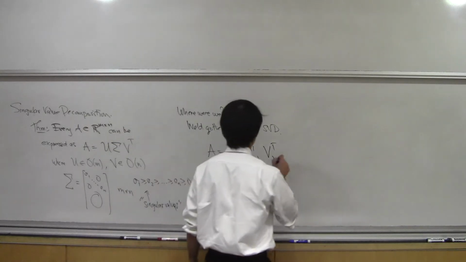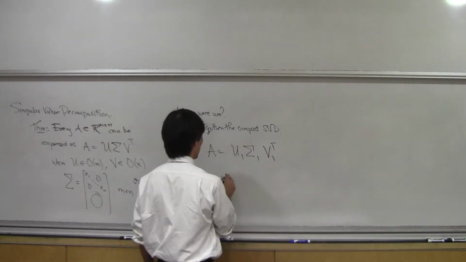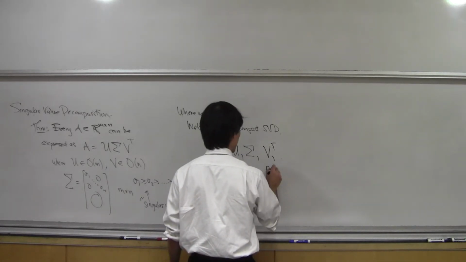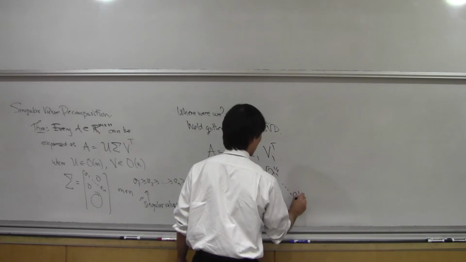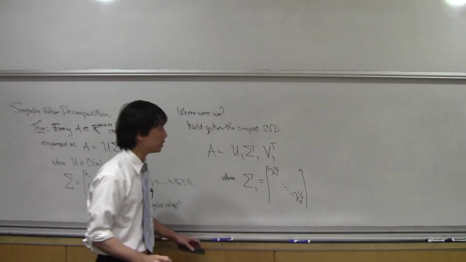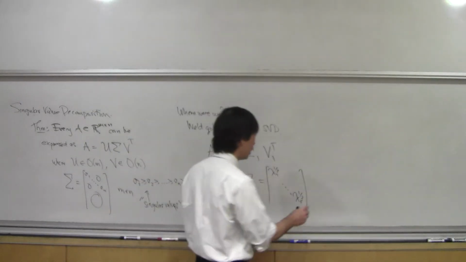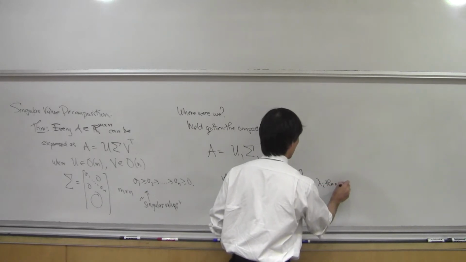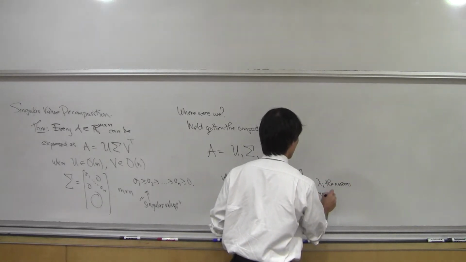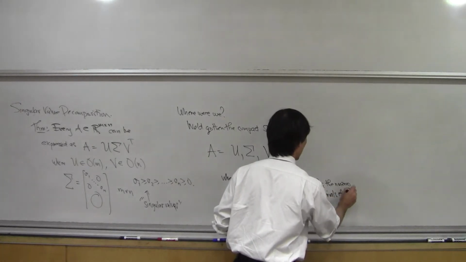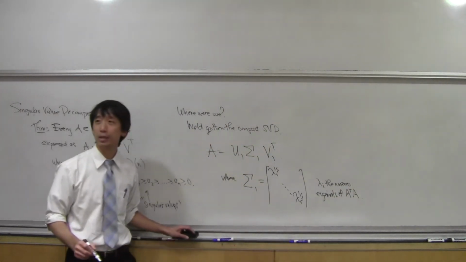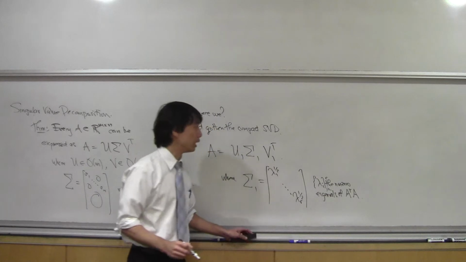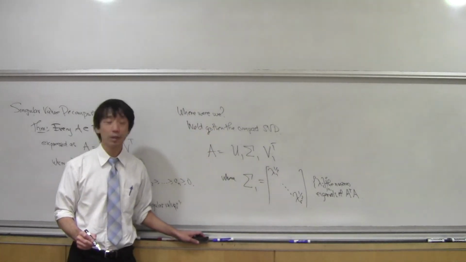Where sigma 1 was the square roots of the non-zero eigenvalues of A transpose A, right? The sigma i from 1 to r were the square roots of the non-zero eigenvalues of A transpose A.